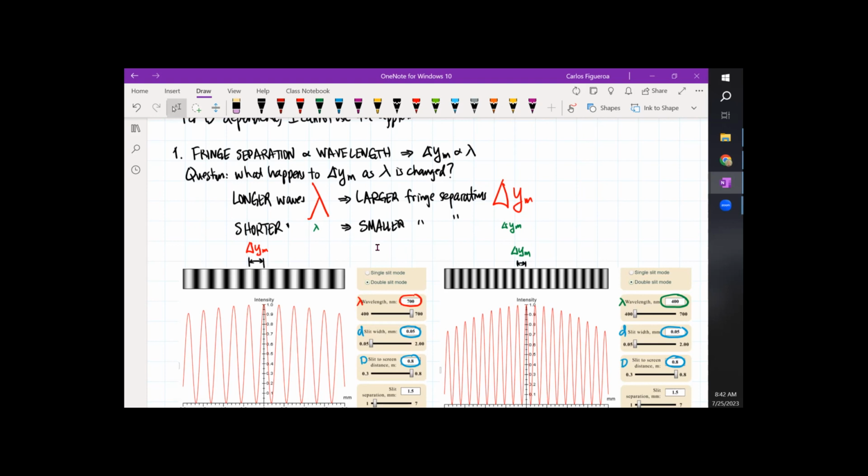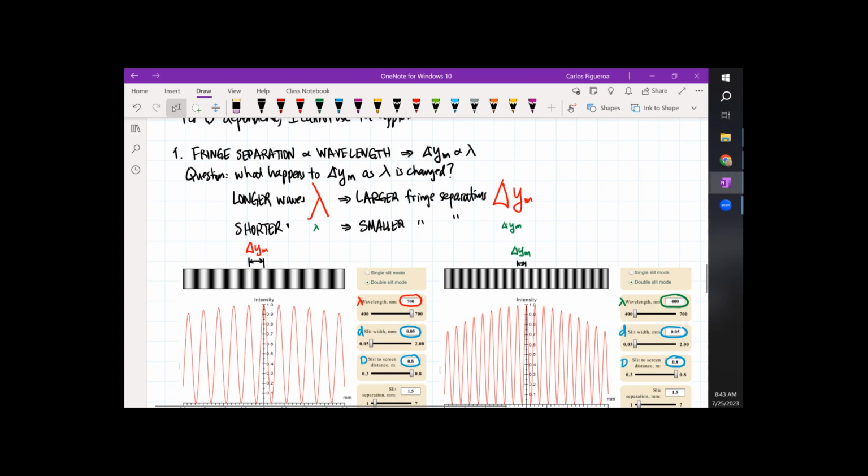And because there's less locations, then the fringe separations have to increase. If I have smaller wavelengths, then there are more locations where the fringes can interfere and produce constructive or destructive.